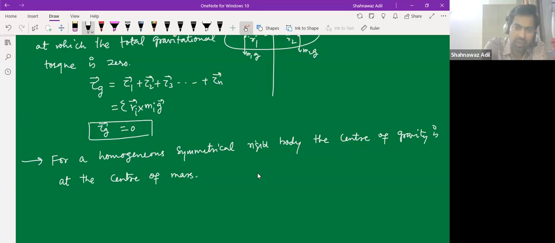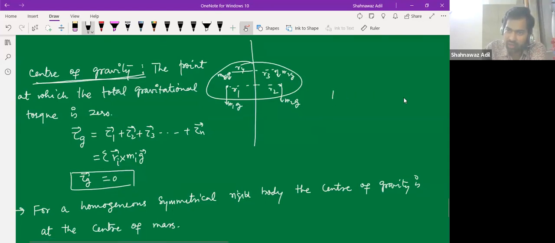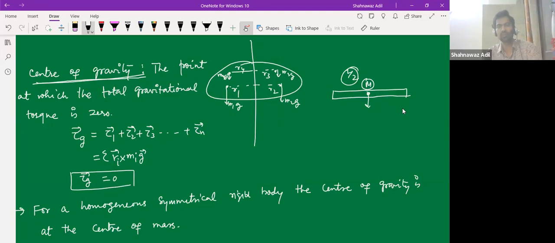Right. So wherever there is the center of mass, let's say we have this bar. This is uniform, and it has a center of mass here, at L/2 distance. So this is the geometrical center. So this point would be the center of gravity if this bar is homogeneous and uniform, right?